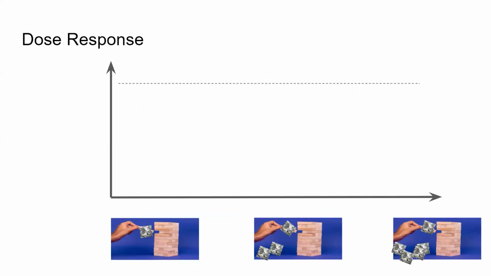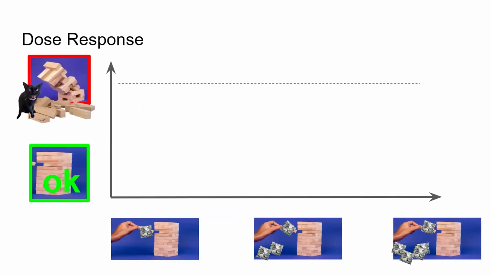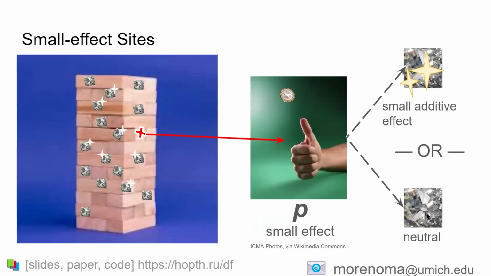So specifically, what we'll expect to see when we increase the number of sites that we're sampling is a dose response curve, where along the y-axis we have increasing probability of detecting a significant fitness outcome. And we can model each individual knockout as a coin flip event, where there's a probability that we might see a small additive effect, or that we might see no effect at all if we happen to sample a completely neutral site.